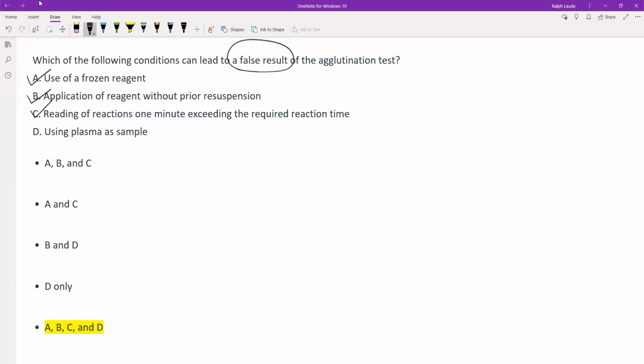Using plasma as a sample, yes, mainly because of the interfering proteins. So A, B, C, and D is the right answer. It doesn't say false positive here. Sometimes plasma leads to false negative because too much protein could lead to post-zone phenomenon. But the question only says false, so plasma is included. So you have A, B, C, and D.